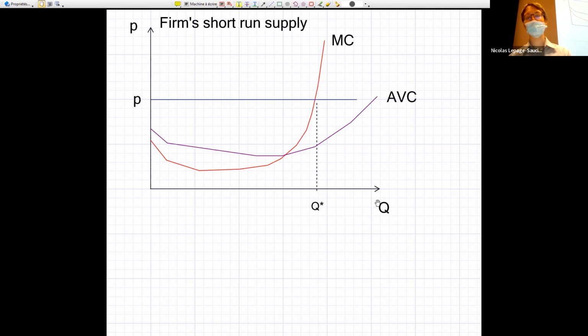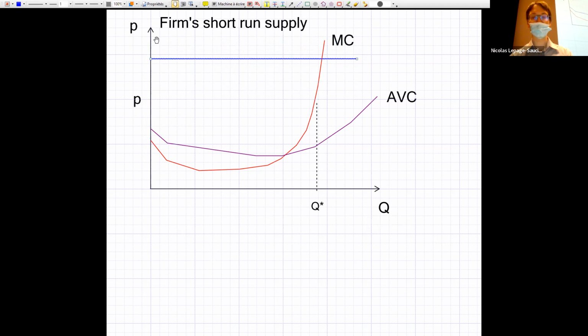So this is exactly what we have here. We are able to do the same exercise as for a single firm. And what do we know? Well, we just have to think what would be the quantity supplied if the market price were here, or here, or here, or here. Every time we know that the firm chooses the point at which the market price intersects the marginal cost.